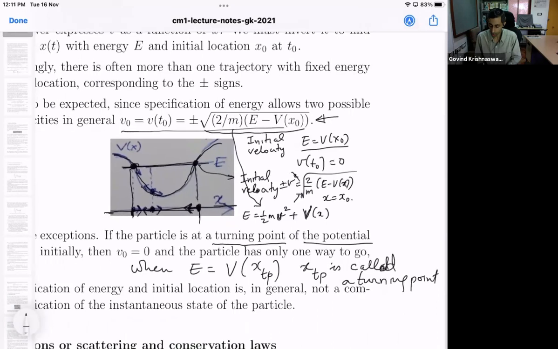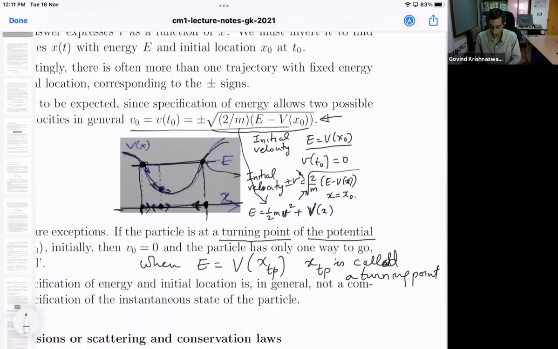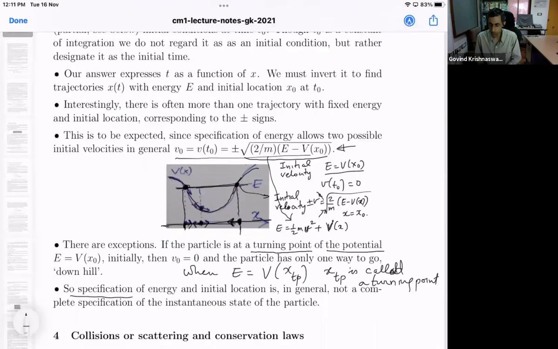So our conclusion, among other things, is that the specification of energy and initial location by themselves are not a complete specification of the instantaneous state of the particle. Knowing initial location and initial momentum or initial velocity completely specifies the initial state of the particle.